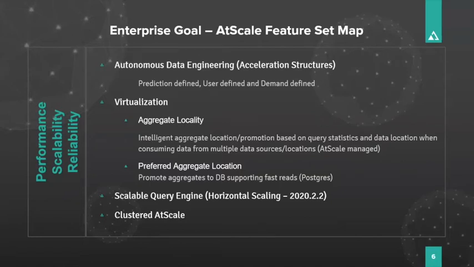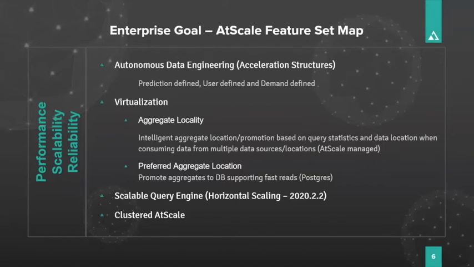The second part of virtualization, which I have mentioned on the screen, is the preferred aggregate location. Preferred aggregate location means you could actually choose to tell AtScale that Postgres is my preferred aggregate location. What that will do is the AtScale engine will start promoting your aggregates to the Postgres database. Now there is some governance around what can be promoted, but the idea is that Postgres is very good at fast reads.